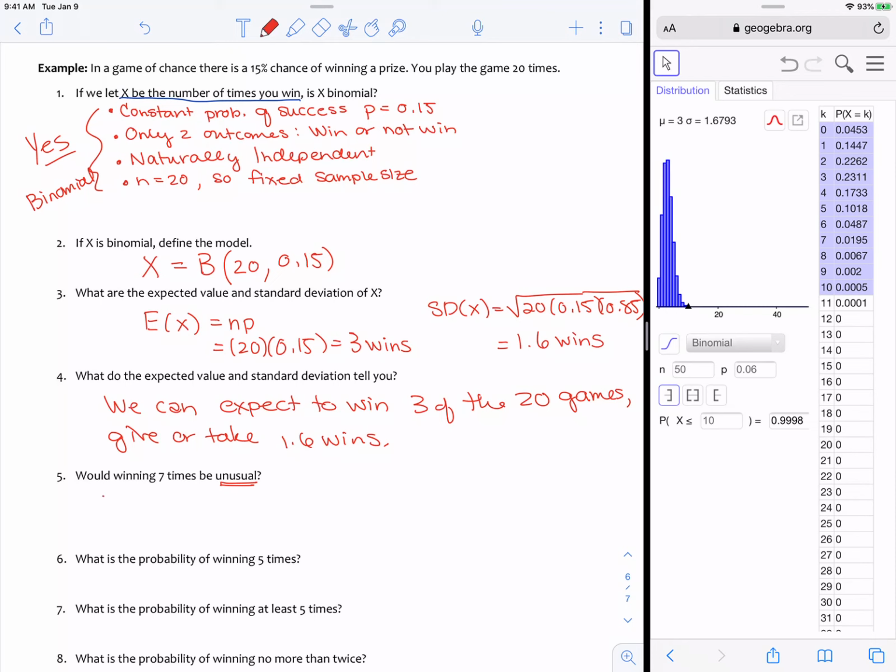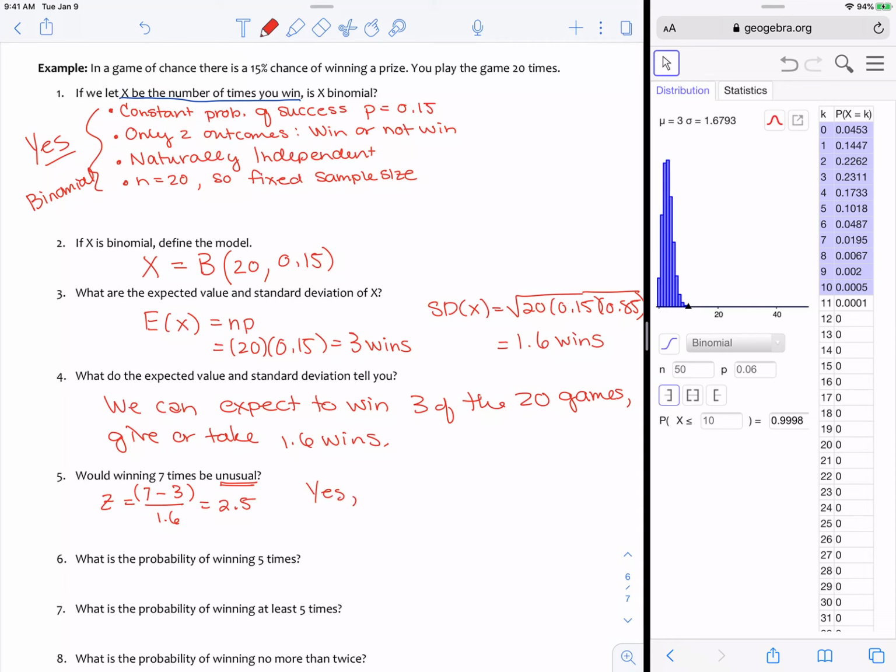All right, so z is equal to our data value, which is what we're checking the likelihood of, so that's 7 times, so 7 minus the expected value, which is our mean, so minus 3, divided by our standard deviation, which was 1.6, making sure we do that calculation in the numerator first. So 7 minus 3 is equal to 4, divided by 1.6 is 2.5. 2.5 is greater than 2 standard deviations from the mean. Therefore, this time winning 7 times would be unusual.